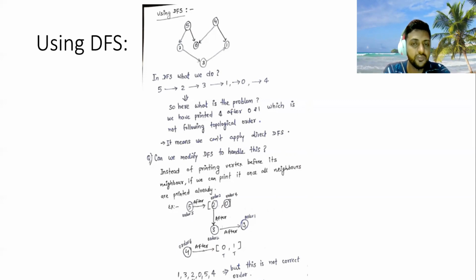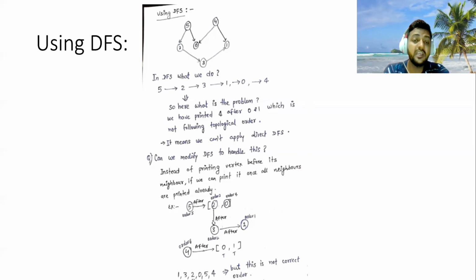So we can print 1. Order 1 means this is the first node which we print. Now you come back to the parent. 3 has only one child, which is 1, already visited. So we print 3. You come to node 2. All the children of 2 are visited. Yes, you print 2.